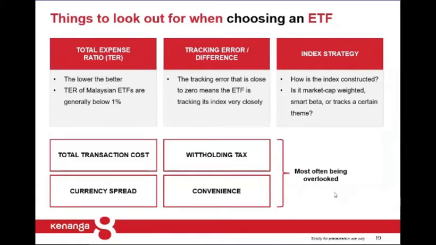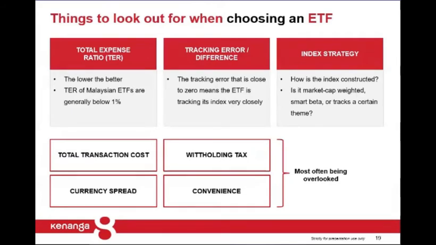There are times when an ETF perfectly or near perfectly tracks the index that it's supposed to be tracking, which means any changes to the index are perfectly replicated in the ETF. And as a result, there's a very small tracking error. That is to say, your ETF is almost exactly replicating the index that you wanted to track.